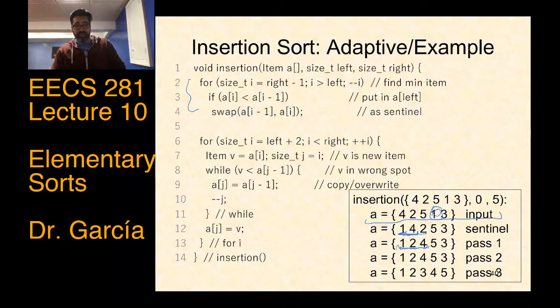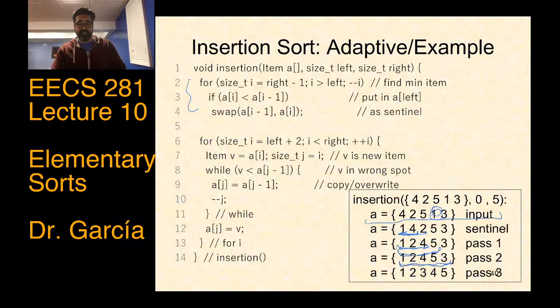Then again, it would consider this section of the array, and find that 5 is actually correctly placed, so there's nothing to do. Then lastly, it's going to consider the entirety of the array, and move 3 to be placed at the position instead of 4.